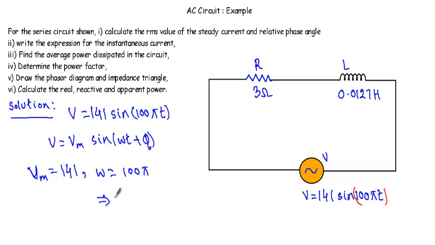We know omega equals twice pi f, so I can write 100 pi as twice pi into 50 hertz. So f will be 50 hertz. The initial phase of the applied voltage is 0, so phi naught is 0 degree.